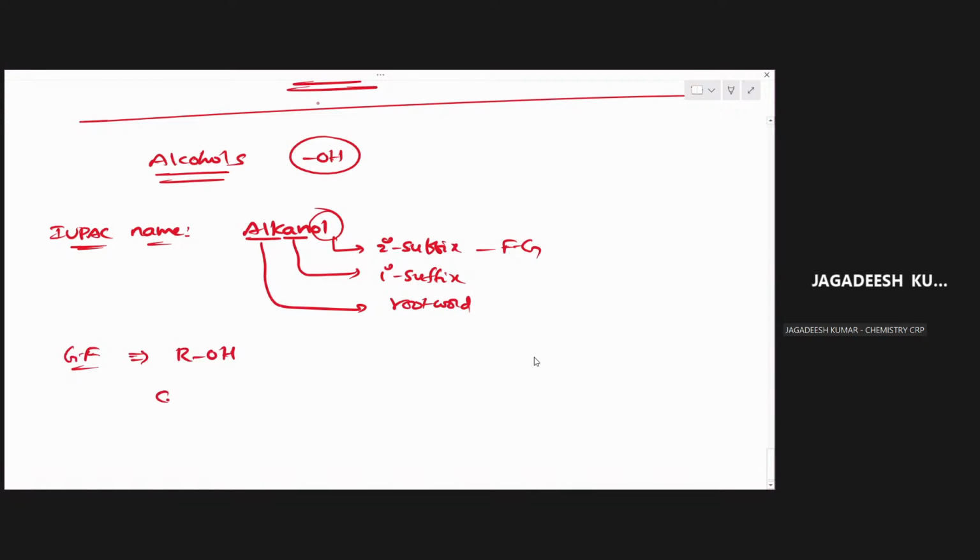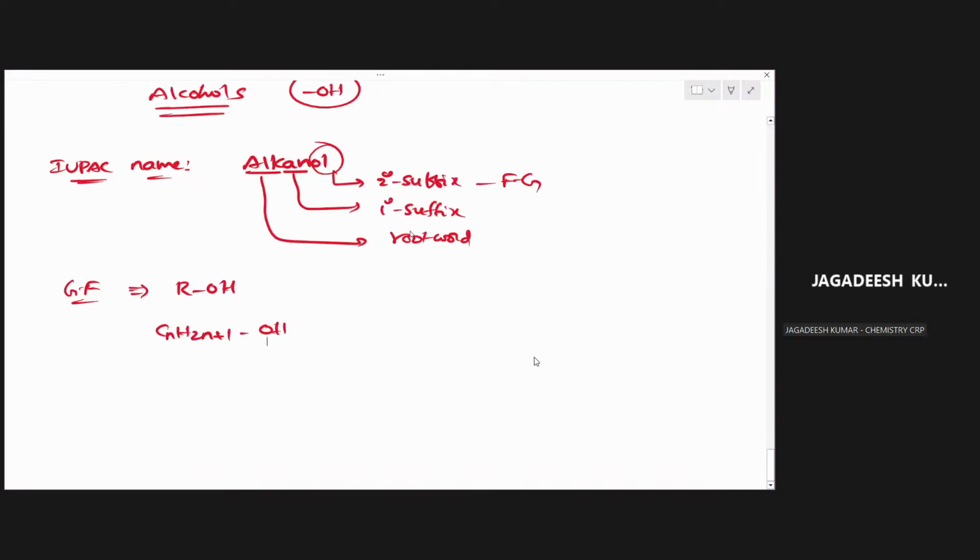Here R means CnH2n plus 1, so the formula is CnH2n plus 1 OH. Now I'm taking one example. If n is equal to 1, what formula do we get? Substituting, CH3OH. Then how do we write the IUPAC name? First, alk is the root word.